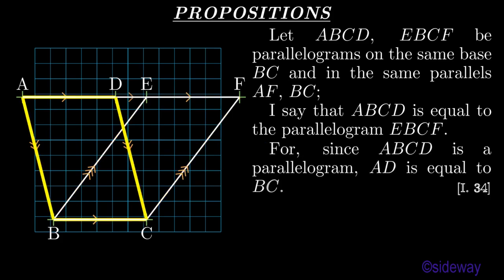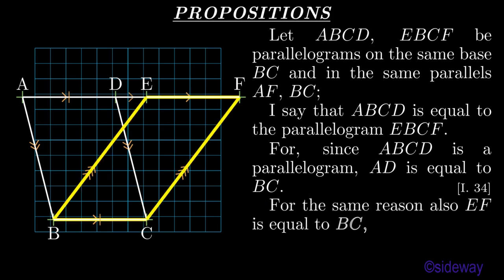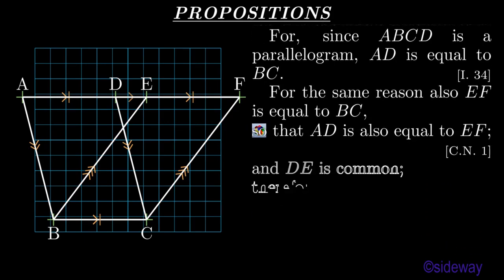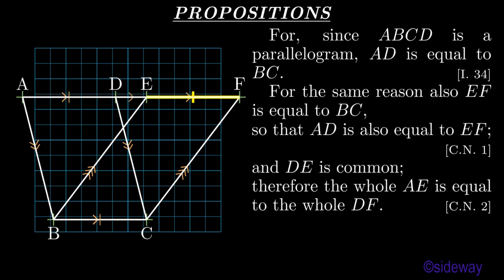Since ABCD is a parallelogram, AD is equal to BC, by Book 1, Proposition 34. For the same reason also, EF is equal to BC, so that AD is also equal to EF, by Book 1, Common Notion 1, and DE is common.